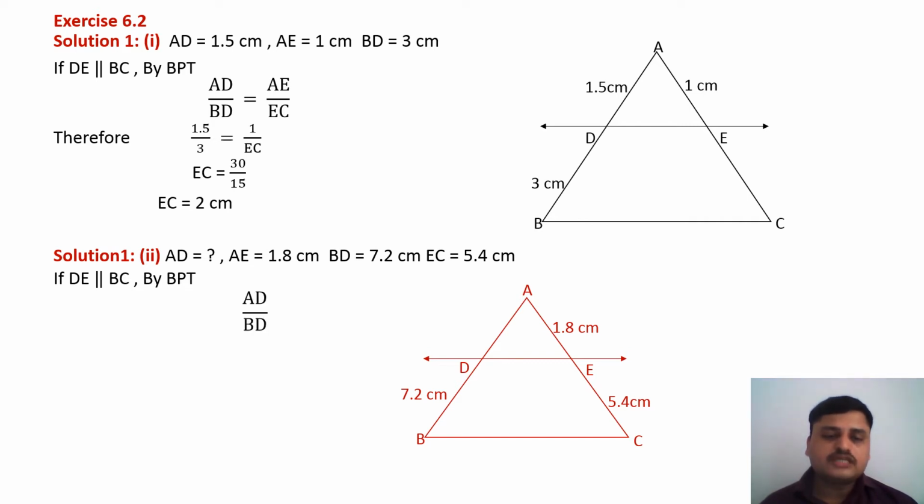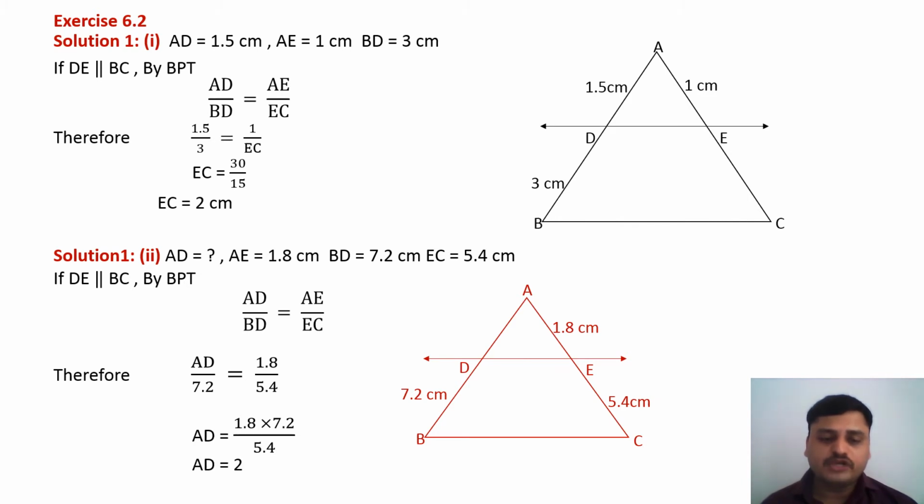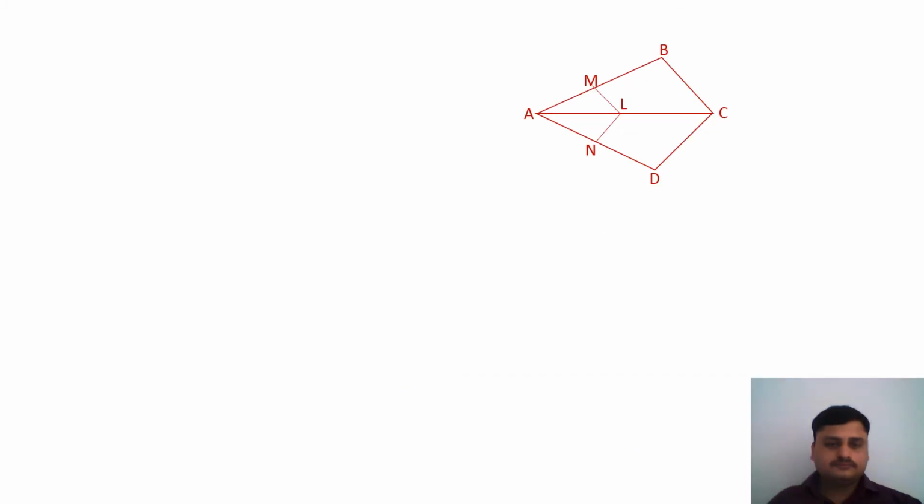In that theorem, AD by BD is equal to AE by EC. Therefore, AD we need to find, and BD is 7.2, which is equal to 1.8 divided by 5.4. So AD we will get as 1.8 multiplied by 7.2 divided by 5.4, which is 2.4.